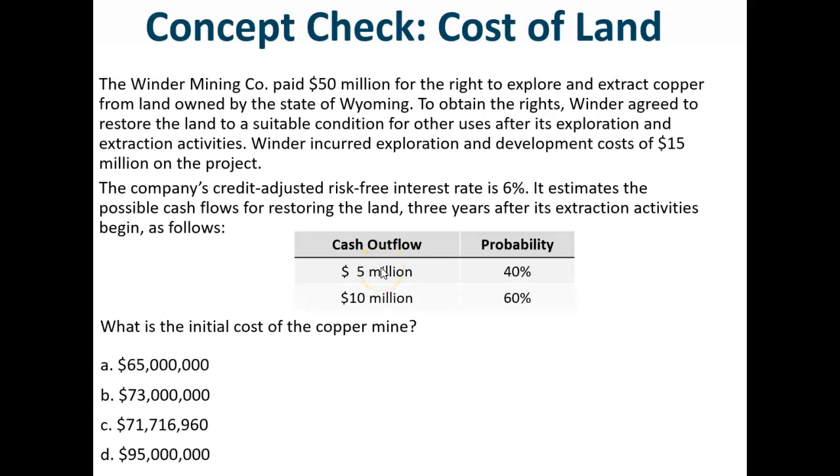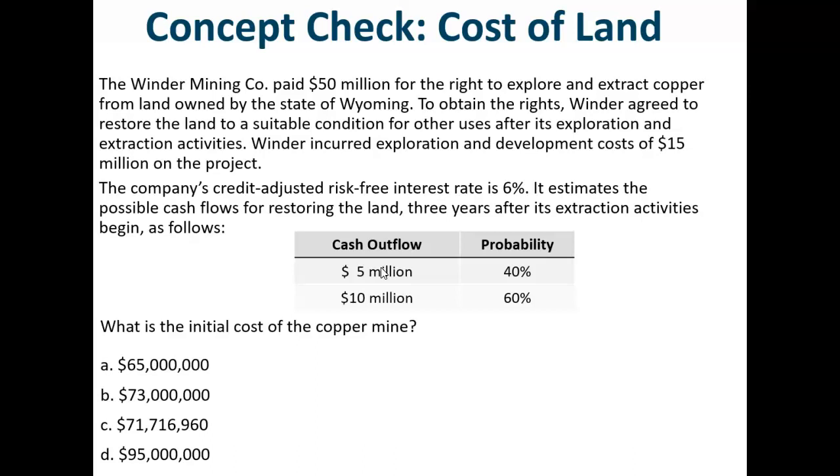Let's do a concept check problem. The Winder Mining Company paid $50 million for the right to explore and extract copper from a land owned by the state of Wyoming.